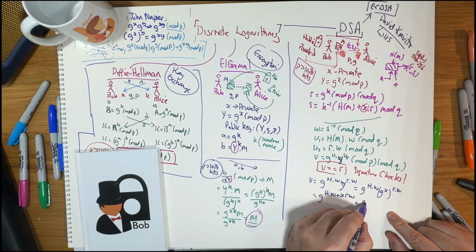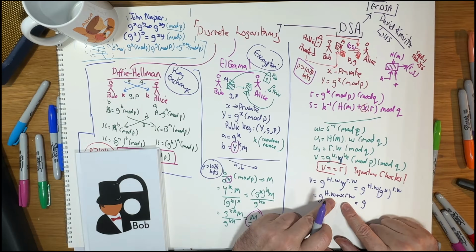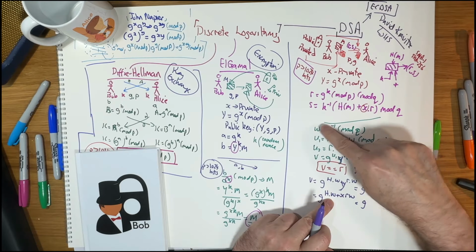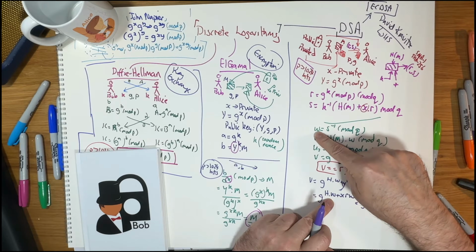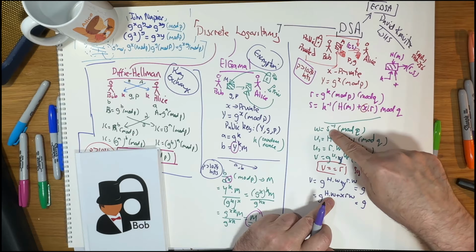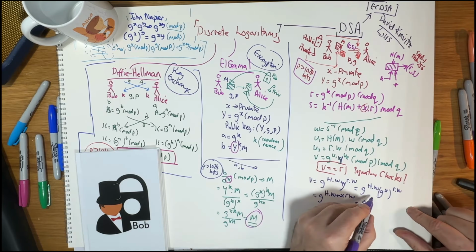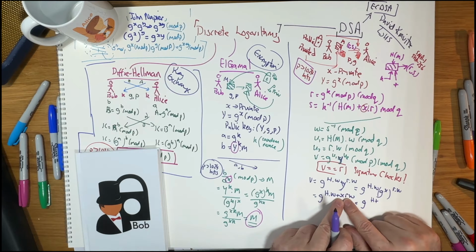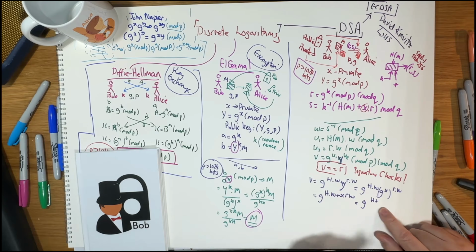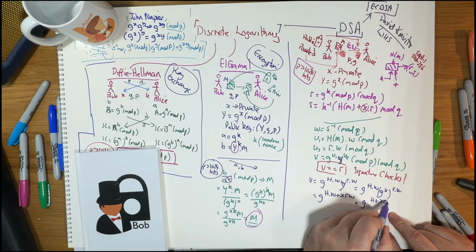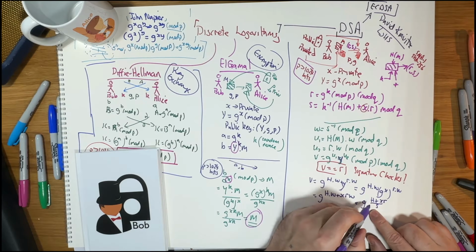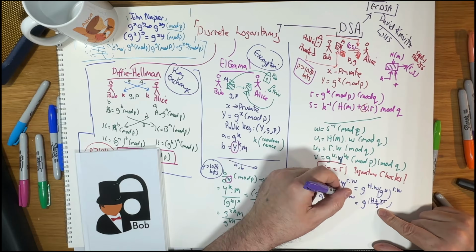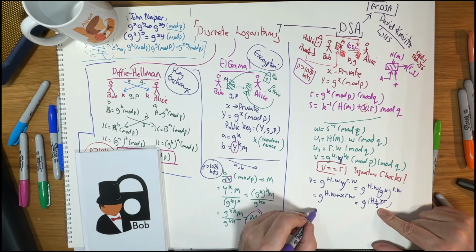And we can then define W as the inverse of S. So that will be H plus XR, all divided by S, because we're taking W out and it becomes the inverse there.